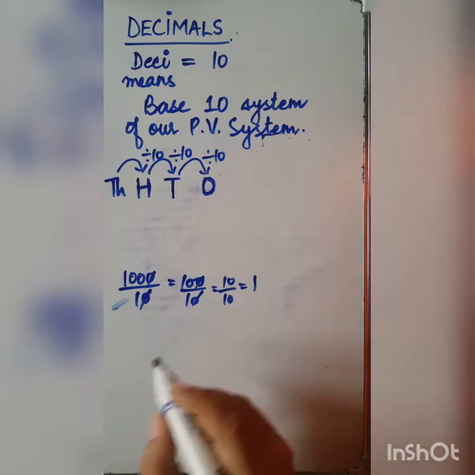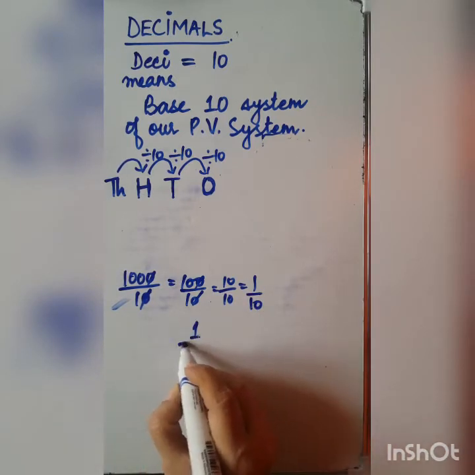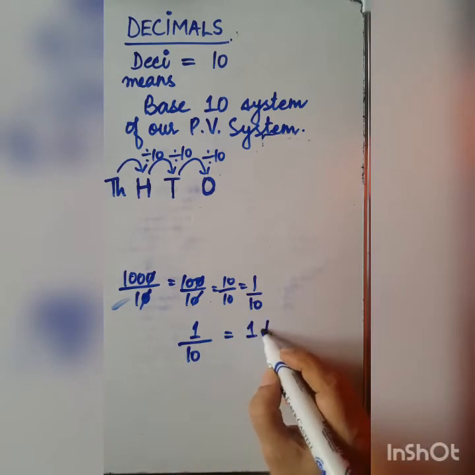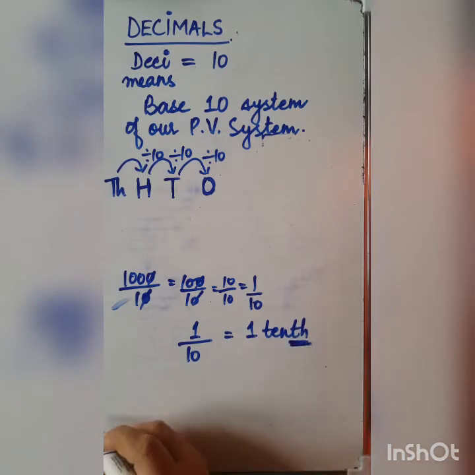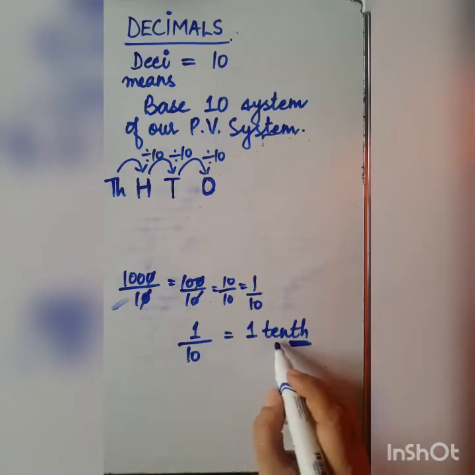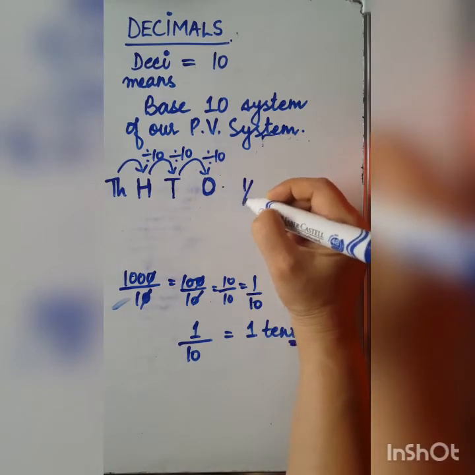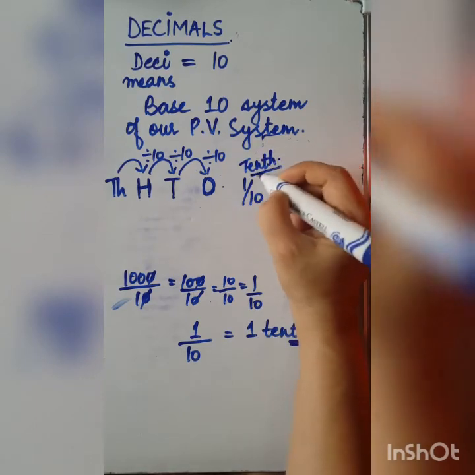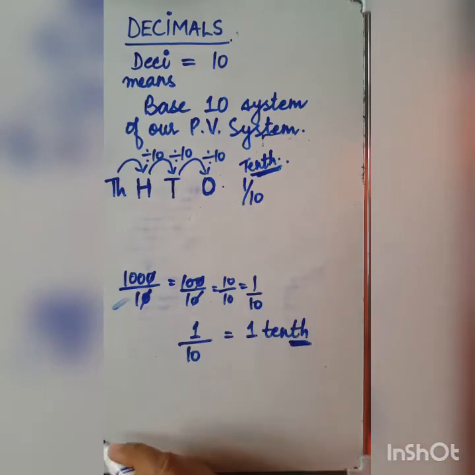Now, what if 1 is divided by 10? Now, 1 on dividing by 10 will give 1 tenth. Here you see this is replaced by th. It is not 10, it is tenth. So this point after this one, that is 1 by 10, is called tenth. So we will start our decimals by learning about the tenth.